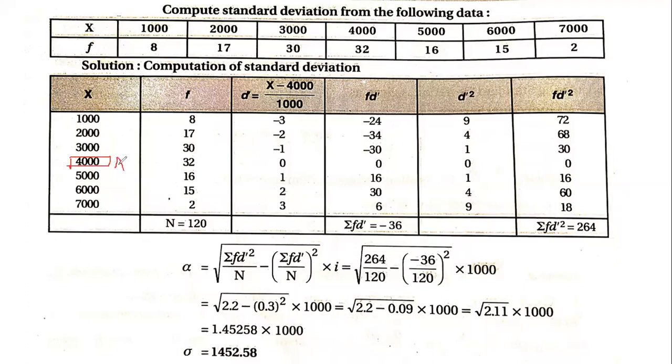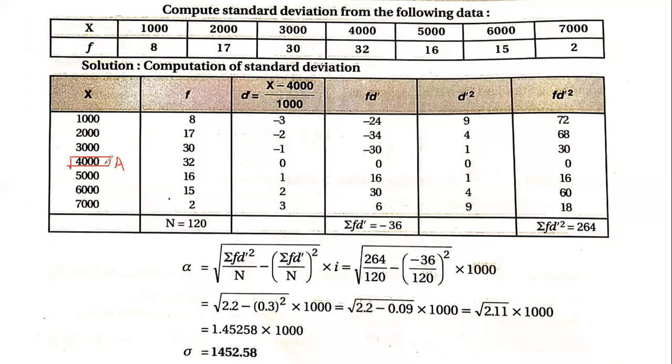Again, I'm reminding everybody, you can take any number out of X as assumed mean and solve, and you will still get the same answer. But for convenience and ease, please take the central number if you have an odd number. If not, you can take 3000, 2000, 5000, 7000, any number as assumed mean. So 4000 is considered as assumed mean.